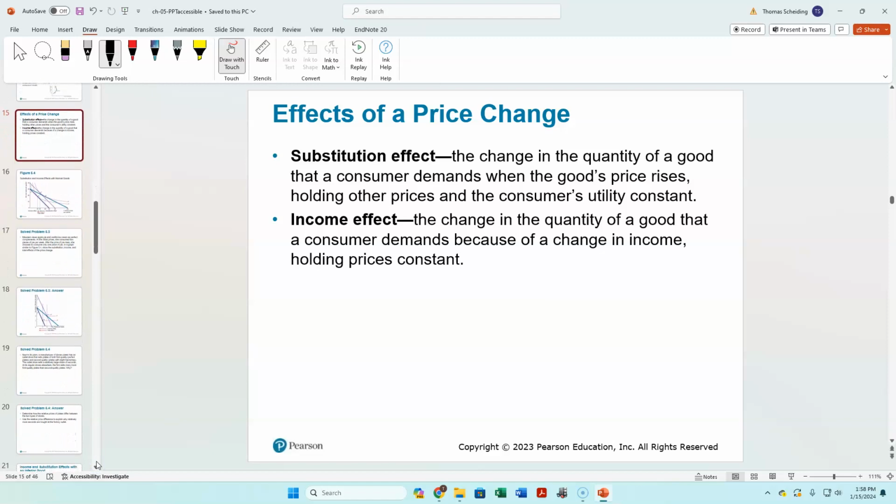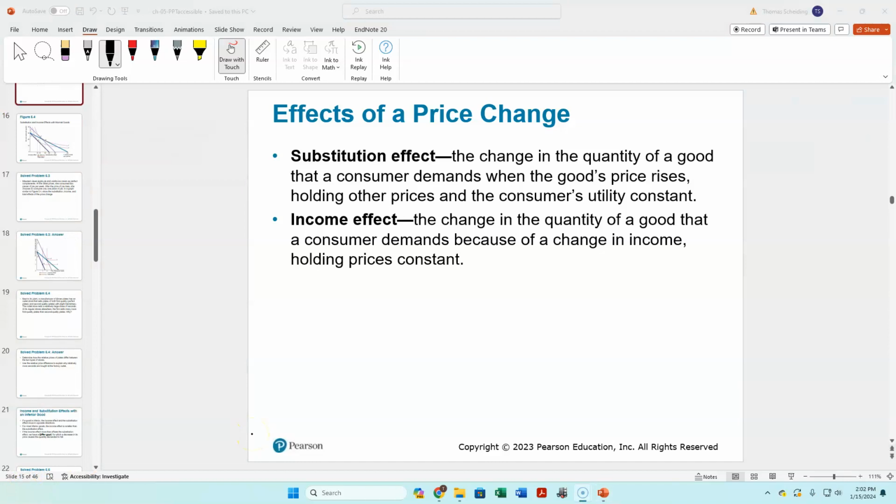So, let me pause right here. When we shift the demand curve, or even just when we move along the demand curve, we're looking at what happens with a price change.